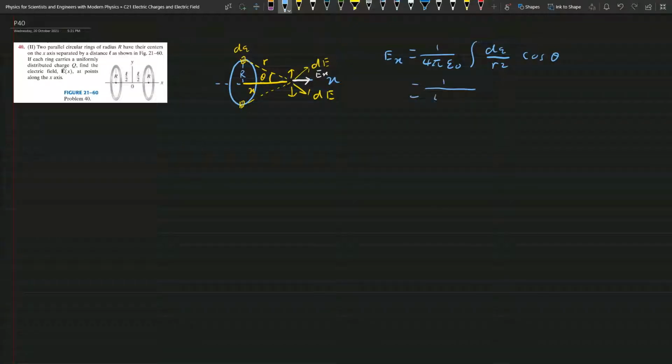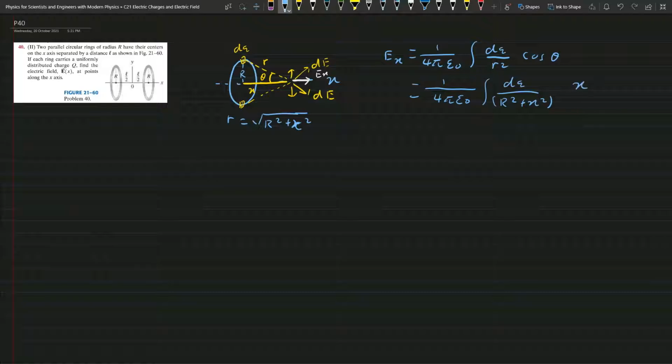Now you can see from here this r is given by the square root of capital R squared plus x squared. Now we substitute this inside, we get R squared plus x squared. The cos theta is given by the adjacent over the hypotenuse.